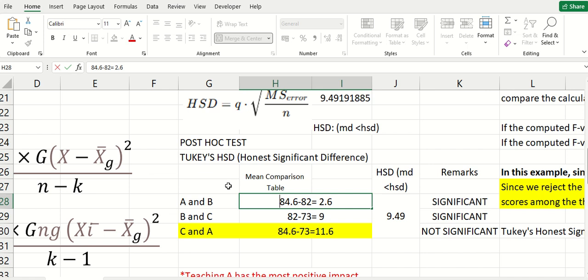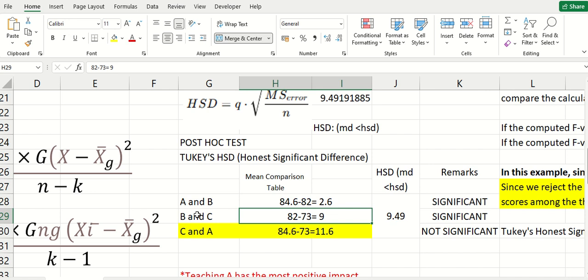We deduct 82, the mean of teaching method B, and we obtain 2.6. For the combination of B and C, B has a mean of 82 while C has a mean of 73, so the difference is 9. For C and A, we put A first since we're only after the mean difference: 84.6 for A minus the 73 of teaching method C, and we have 11.6.